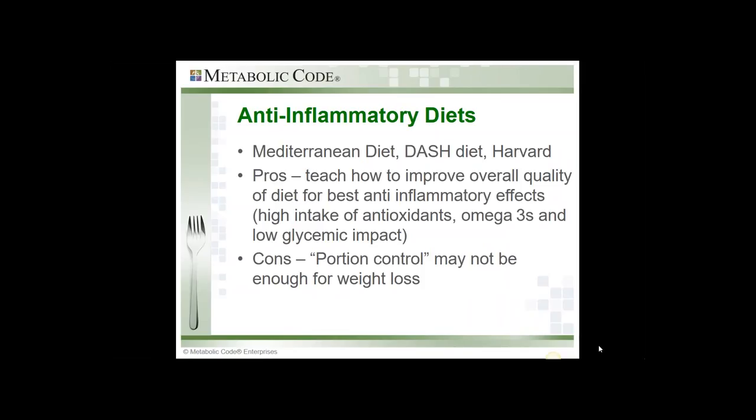And actually, if somebody wants to start to improve the overall quality of their diet, if they've been kind of a junk food eater and they never really have learned how to eat healthily, I kind of like these simple recommendations as a starting point. However, the big con, as I put it on the slide, to these diets is that they are very general. This general idea of portion control generally isn't good enough as a strategy for people for losing weight. They just don't really know how much to cut down portions. So a lot of times that just doesn't work.